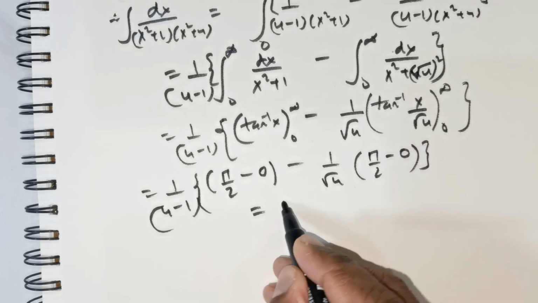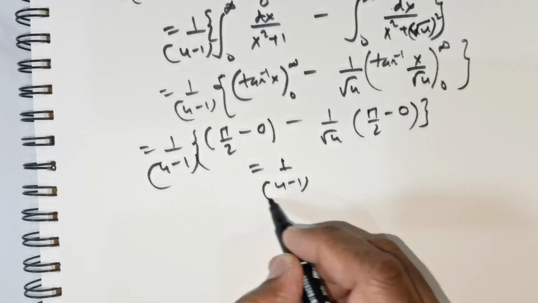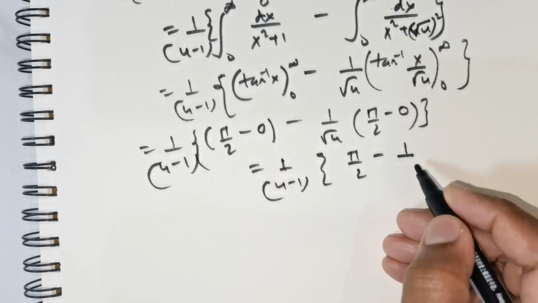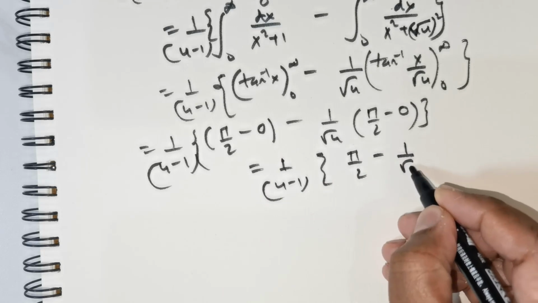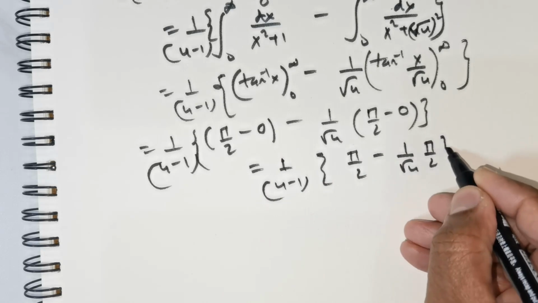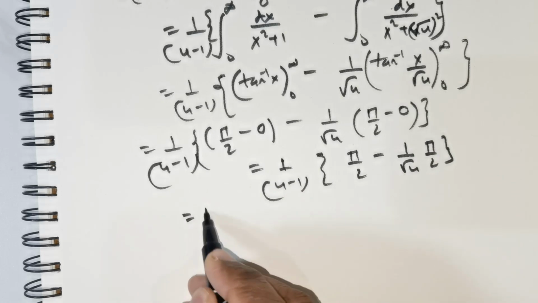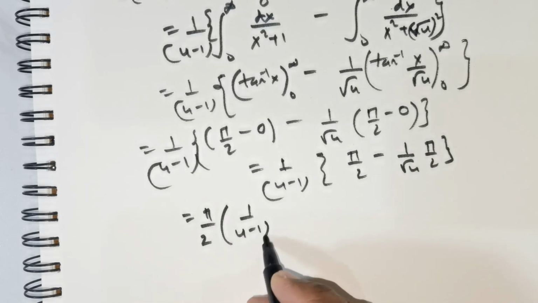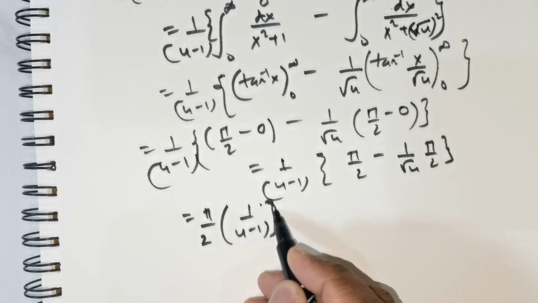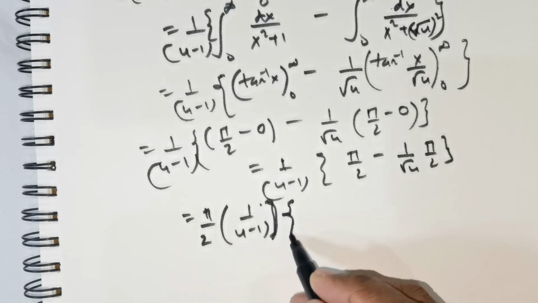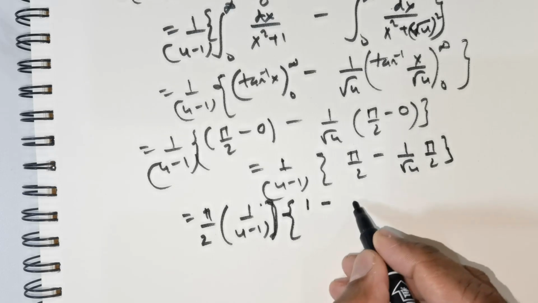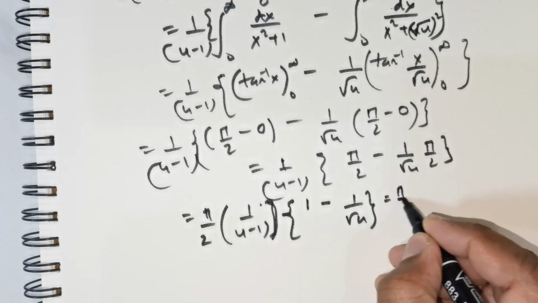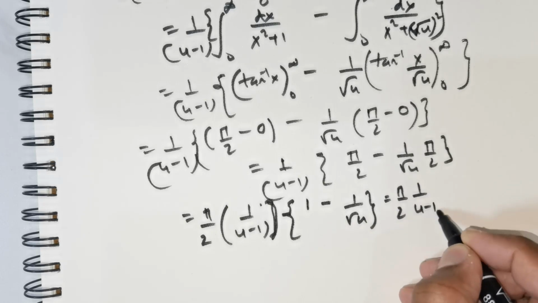So if you had to rewrite, this is going to be 1 over u minus 1 times pi over 2 minus 1 over root of u times pi over 2. So pi over 2 can be taken out, so you get pi over 2 times 1 over u minus 1, right, times, you've already taken pi over 2 out, so you've got 1 over root of u. Now this is equal to pi over 2 times 1 over u minus 1.